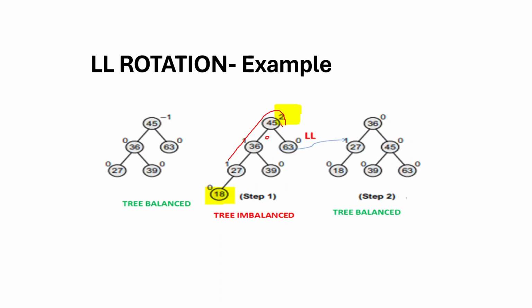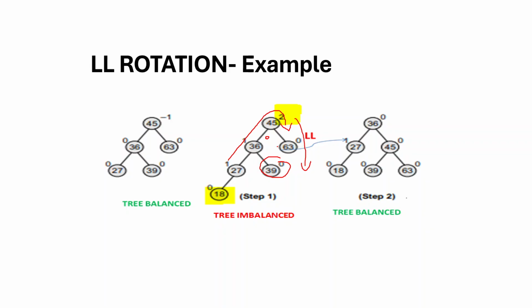Now pull this to the down side. So 45 comes down, 36 goes to the root and 27 goes to one side above. Now here 39 is dangling, right? So we will take that and put it in the right side subtree. So this is called left rotation.